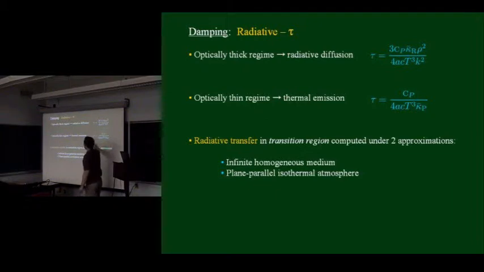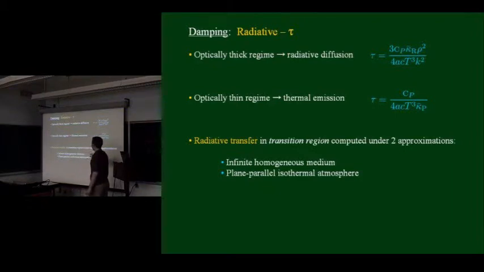However, what's important is the transition region, which is near the photosphere, where we expect most of the damping to take place as this time scale goes from very large to very small. When the time scale is of order the wave period, that's when you get significant damping. So one has to treat the transition region.